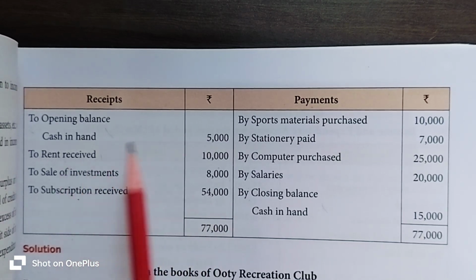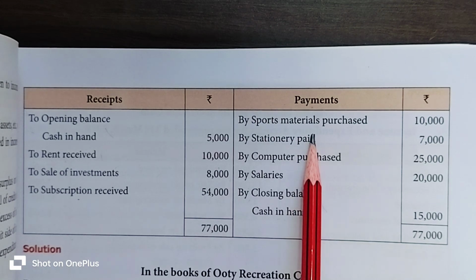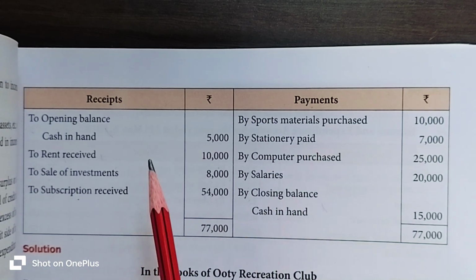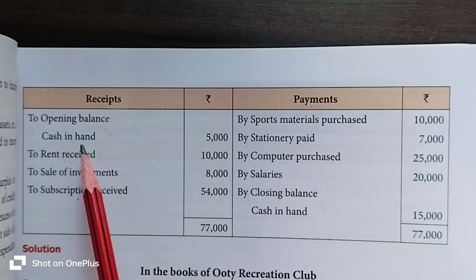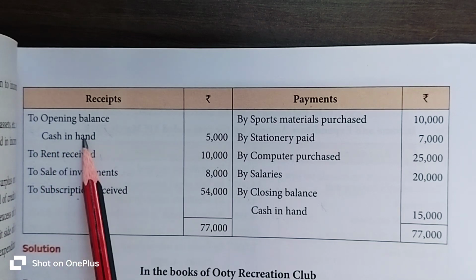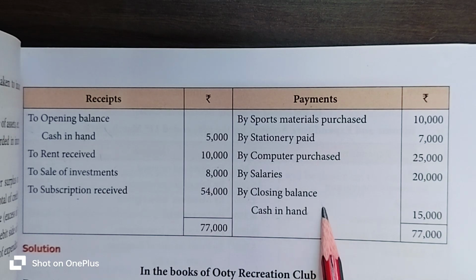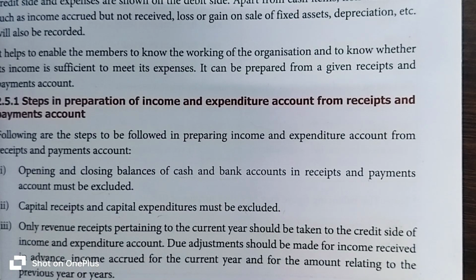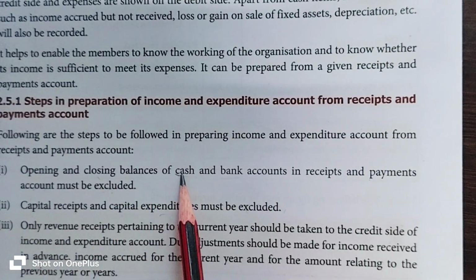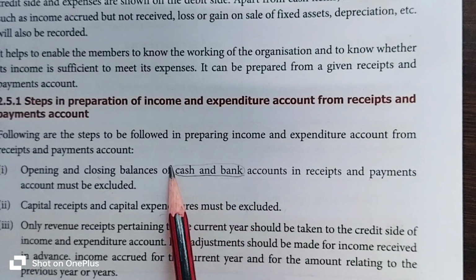They have given the receipt and payment details here. Let's read the given information. The opening balance and closing balance of cash in hand are given. As per the format of the income and expenditure account, the opening and closing balances of cash and bank will not be entered.